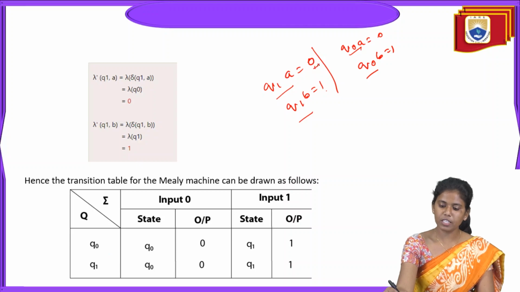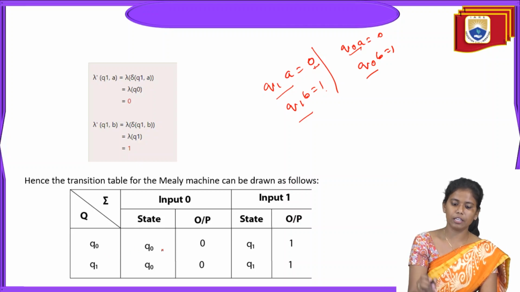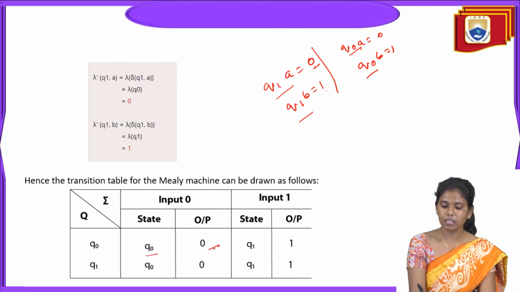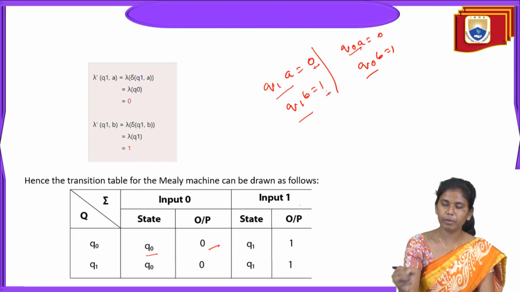With respect to input 0, Q0 stays within itself, that is Q0, and the output is 0. When Q0 gets input 1, the output becomes 1.